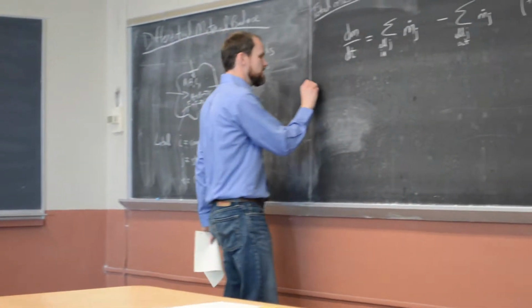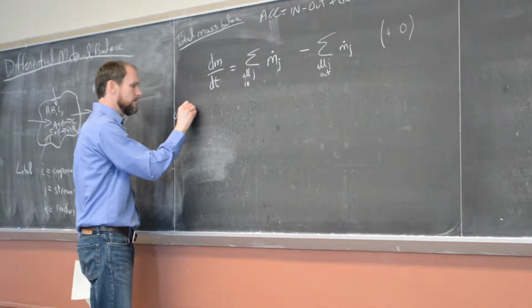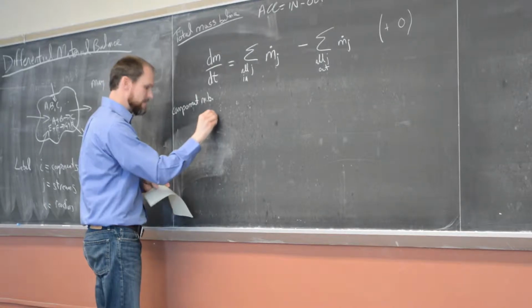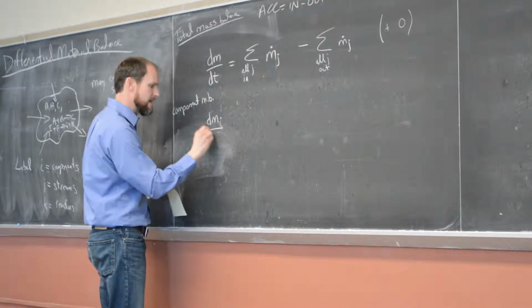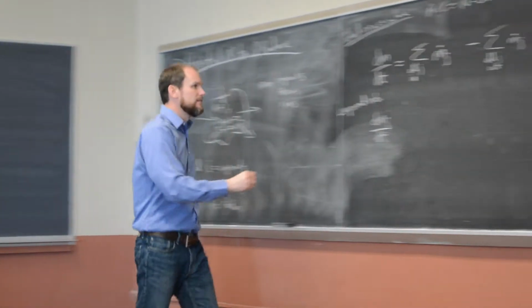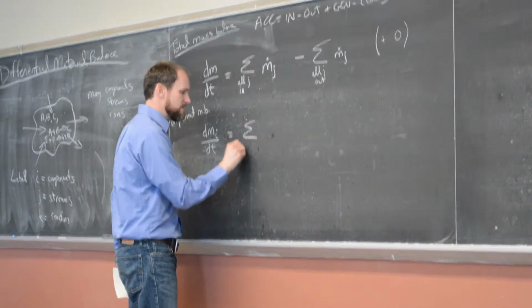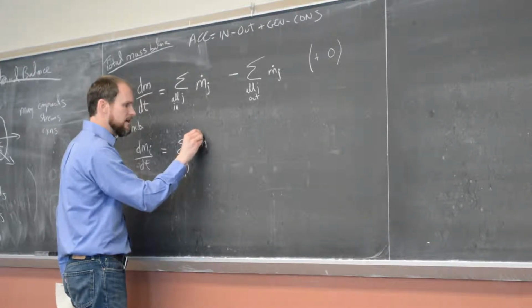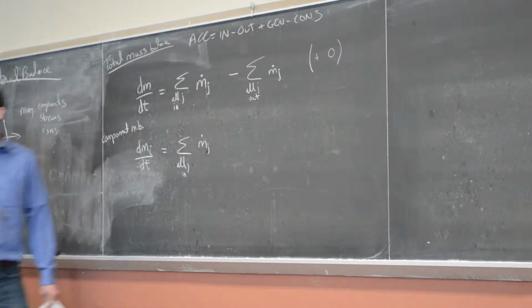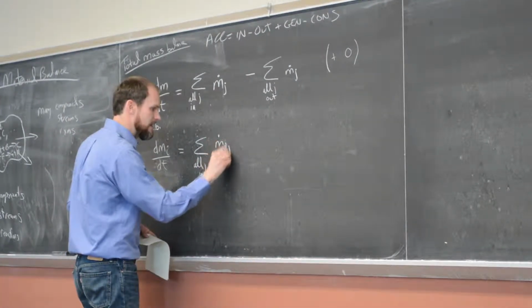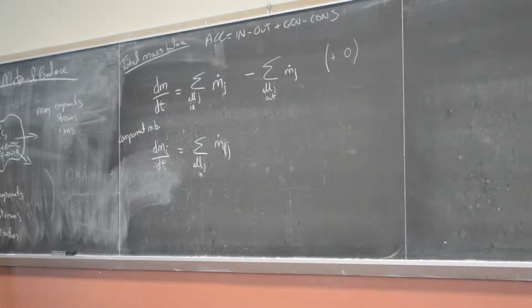Now if I want to do the component mass balance, I want to look at dm sub I dt, so component I, which could be A or B or C. It looks the same actually. I'm going to sum over all j streams in. Now instead of just m dot j for stream j, I also want component I. So I want m dot ij, component I in stream j.